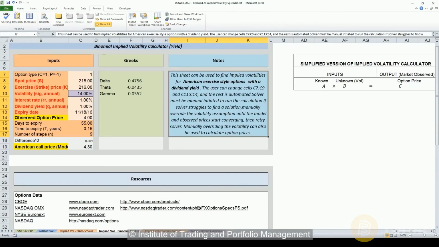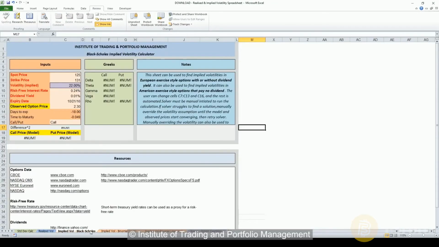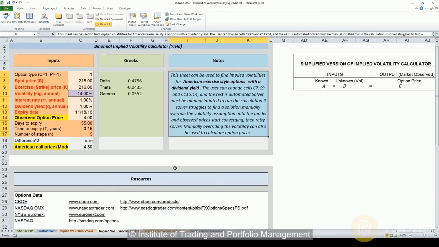All these sheets look pretty much identical. The option inputs are in red, and all the cell values that you need to input are in light orange. There are a couple more than there are option inputs, because things like the observed option price in the market is strictly an option input. Neither is defining whether it's a call or a put, or whether it's American or European in exercise.